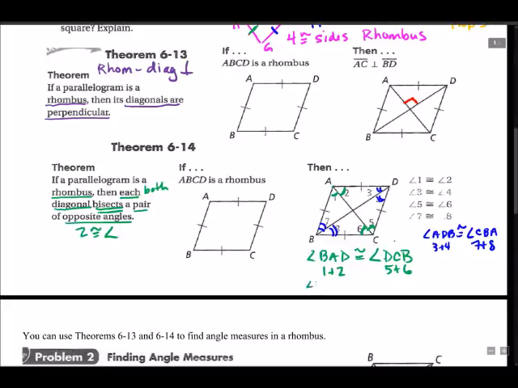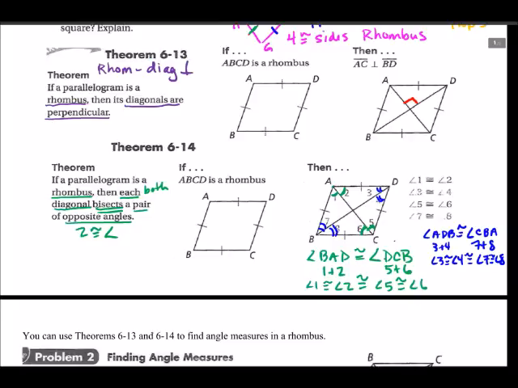So we know that angle 1 is congruent to angle 2, which is congruent to angle 5, which is congruent to angle 6. And we know that angle 3 is congruent to angle 4, which is going to be congruent to angle 7, which is congruent to angle 8. So not only are opposite angles bisected in a rhombus, but all 4 of those angles are congruent as well. So this one might be a little hard to remember, but it's a good one, so you should study up on it and learn it.